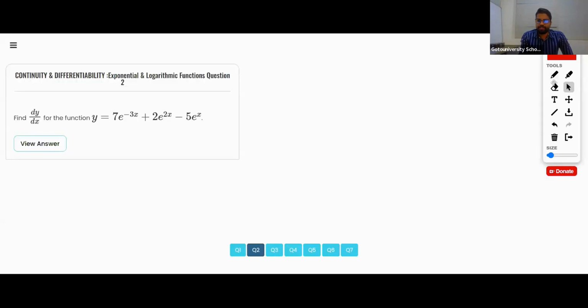Yes, differentiate this. Can you quickly do that? y is equal to 7 into e power minus 3x plus 2 into e power 2x minus 5 into e power x.